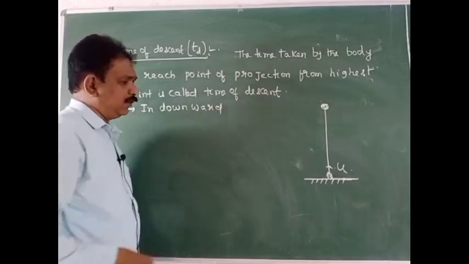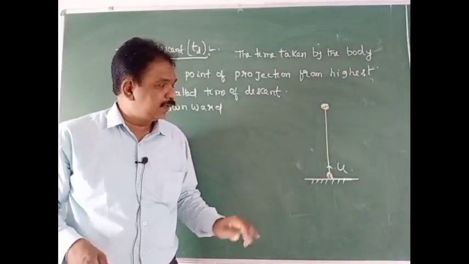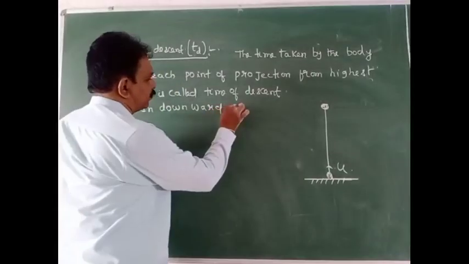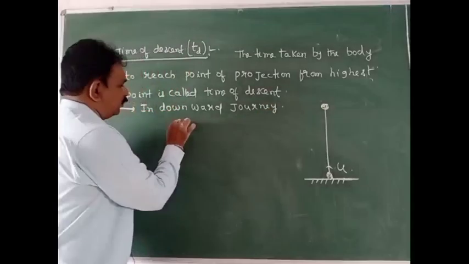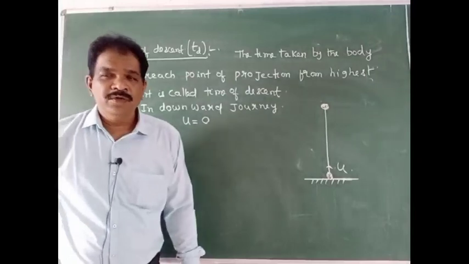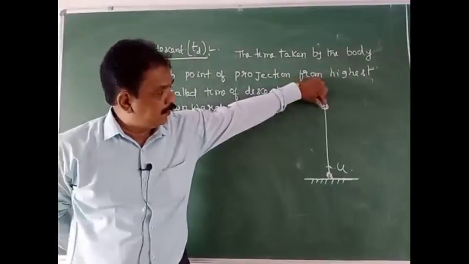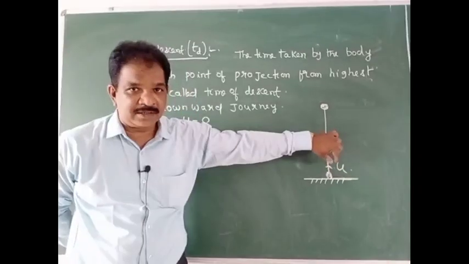Upward journey, u is equal to u only. Downward journey I considered. U is equal to how much? 0. Why 0? Here velocity becomes 0, then again it is falling towards the earth.